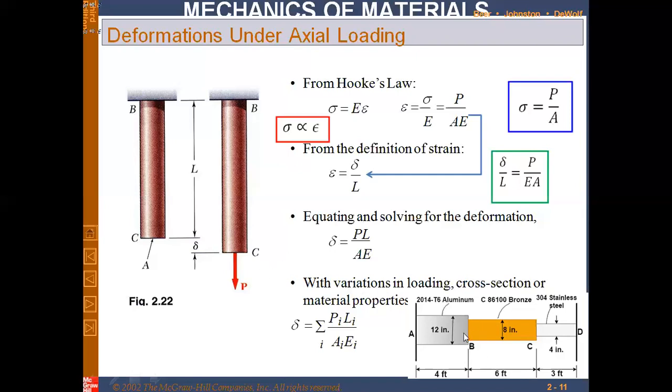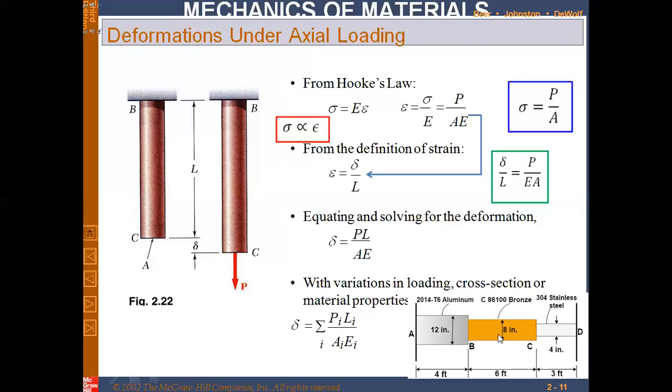In that case, the total deformation would be the sum of individual deformations that may occur in individual segments of the rod. So we would have delta for this, delta for this, and delta for this.